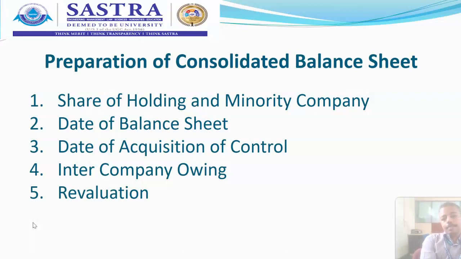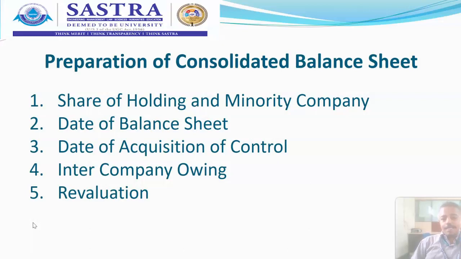The consolidated balance sheet is nothing but adding up or combining the balance sheet of the holding company and its subsidiary together. It boosts the financial statement to a different level.